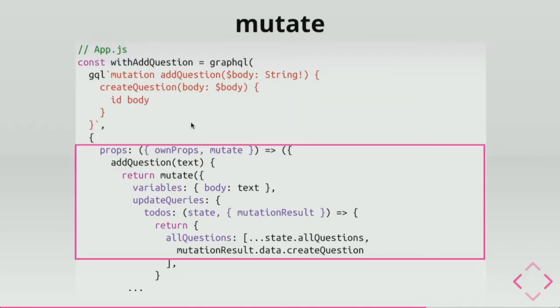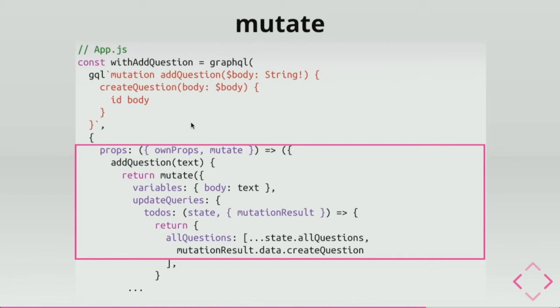Okay, for mutations, it follows a similar approach. So we have the mutation here, we have some parameters, some arguments that we are passing to the createQuestion function. And here we can see how we are using the Redux approach. We can also see we are passing some variables to the mutation.